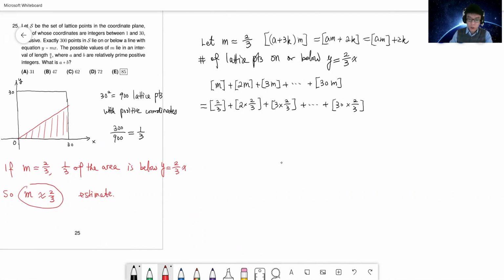In other words, we have 4m integer part equals 1m integer part plus 2. 5m integer part equals 2m integer part plus 2. 6m integer part equals 3m integer part plus 2.